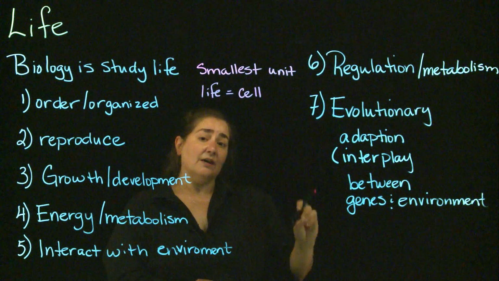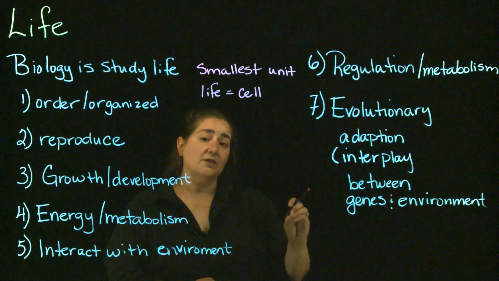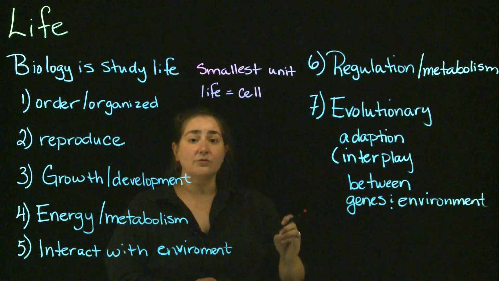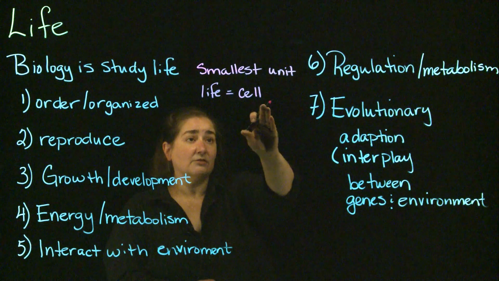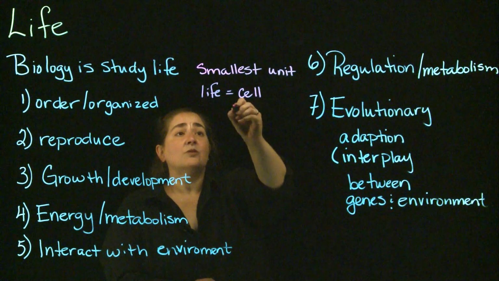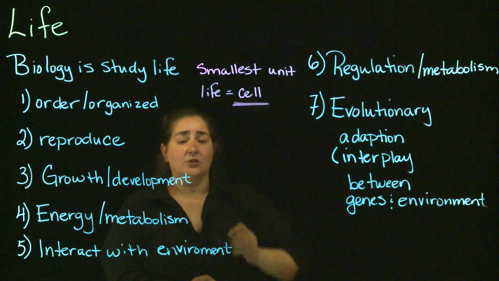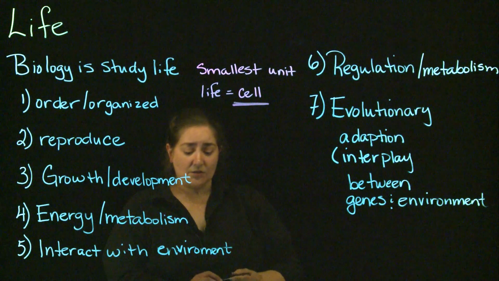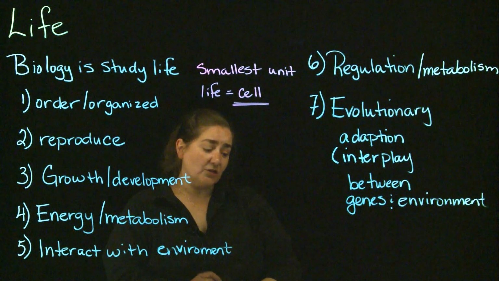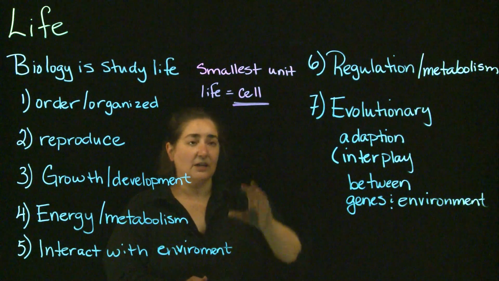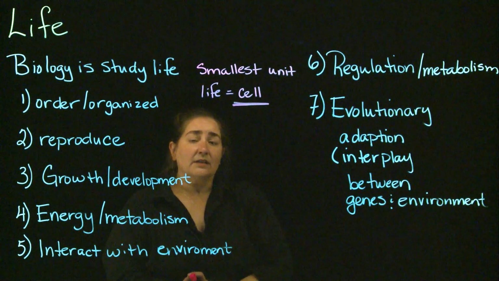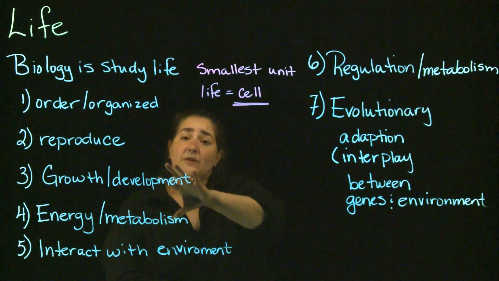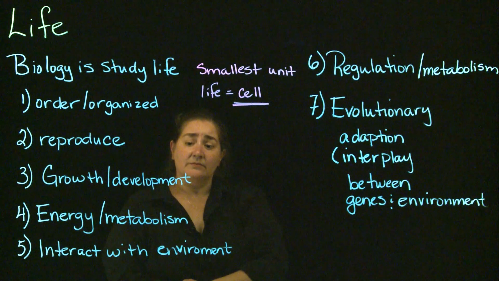But know that the chemistry, the parts that make up the cell, the molecules, those are not alive, even though they are a component of the cell, okay? It is the unit that we're talking about in terms of living. So a cell is going to be our smallest unit of life, okay? And that's going to be our main focus for this semester, okay?